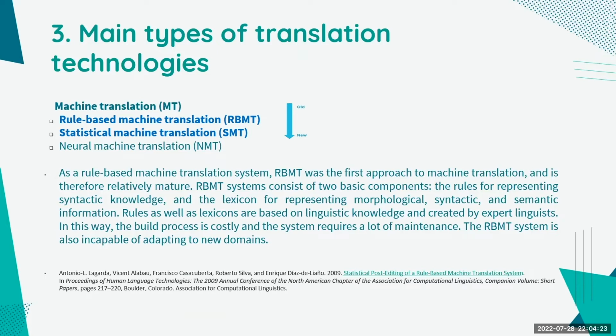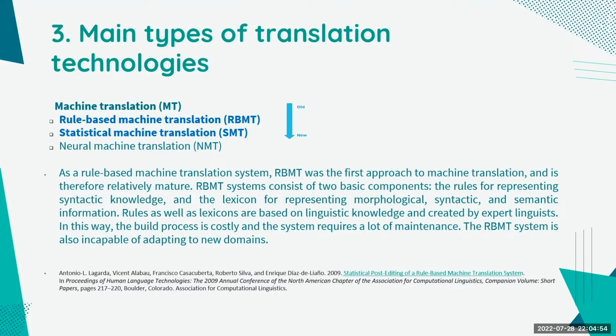RBMT, the rule-based machine translation system, was the first approach to machine translation, so it's relatively mature. RBMT consists of two basic components: the rules for representing syntactic knowledge and the lexicon for representing morphological, syntactic, and semantic information.